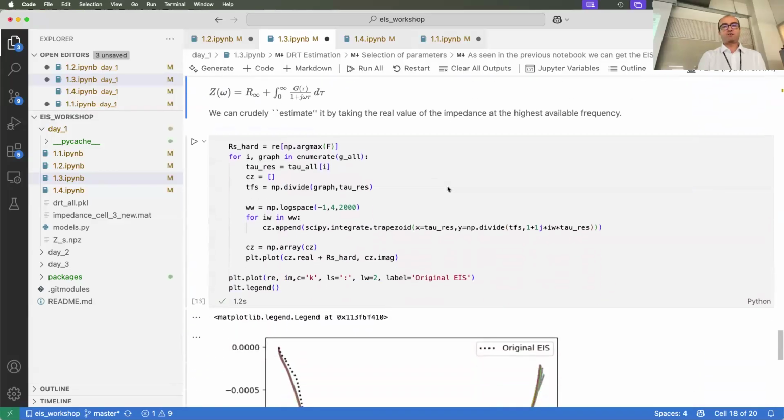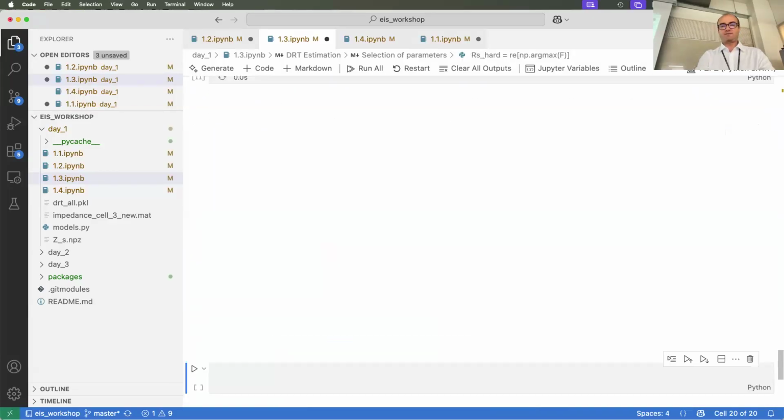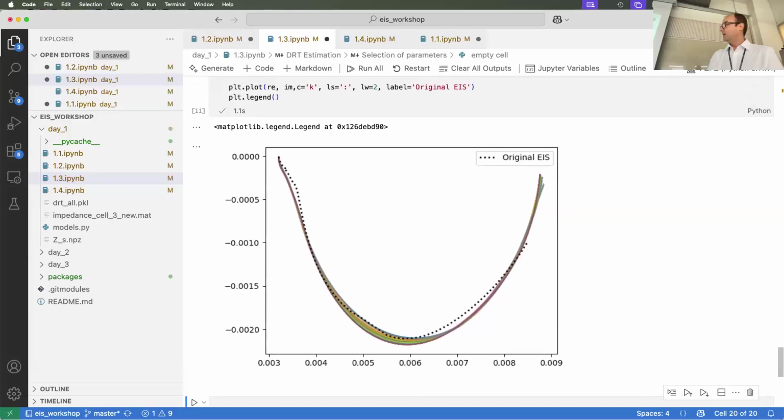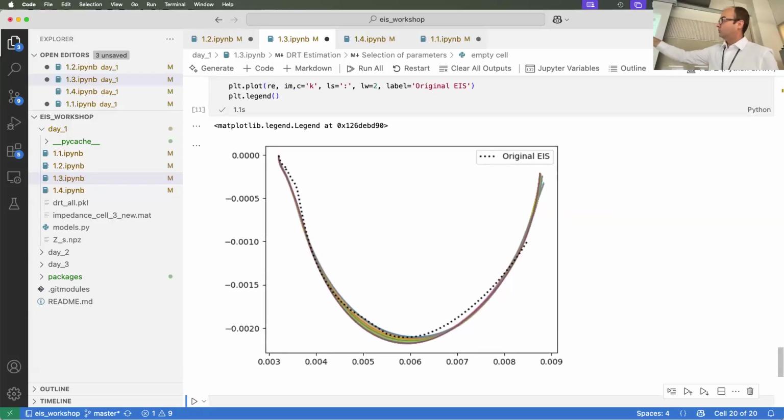Let's go one step further. Let's calculate the ice curves. So the dotted line is the originally measured ice. All the other lines are ice curves obtained from the calculated DRT.